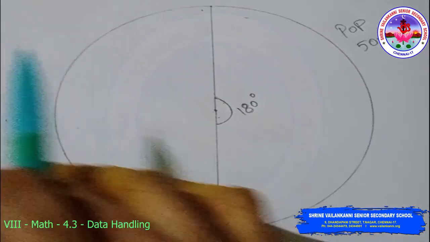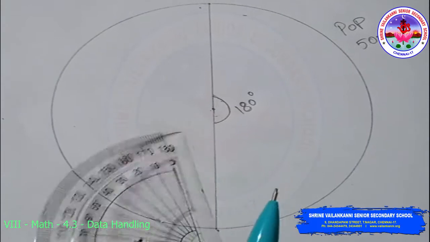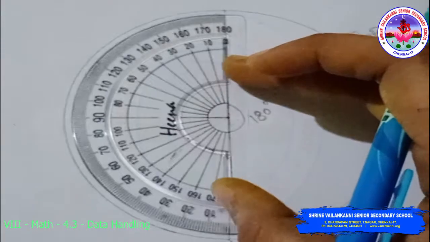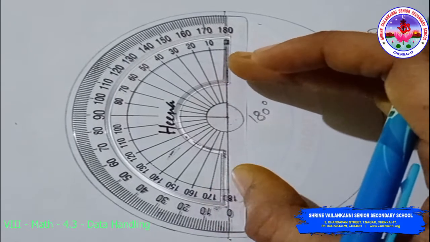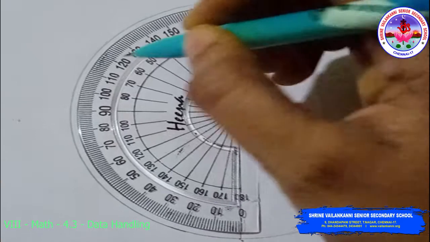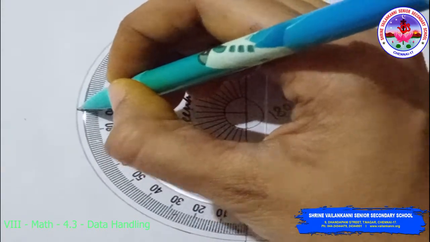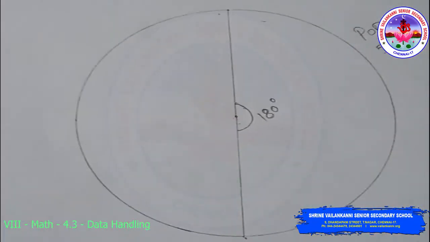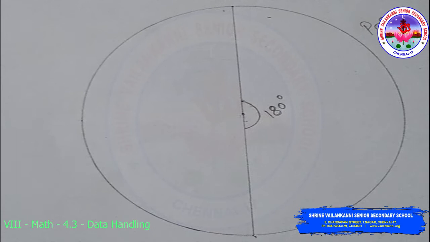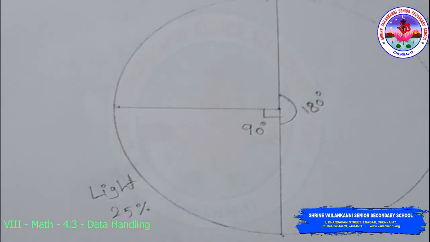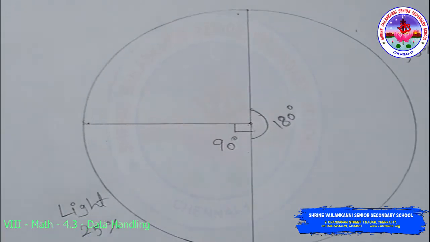Next, draw the light from the center. Here the degree is 90. 90 is measured here. Now draw the line. This is 90 degrees of light, 25%. Next, draw the rock and roll.